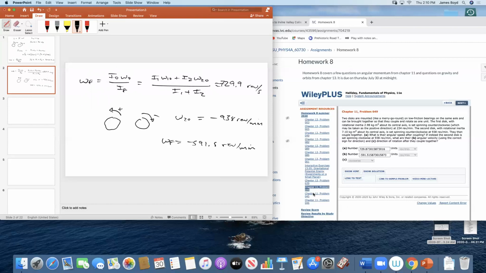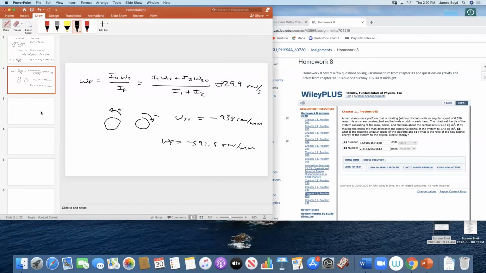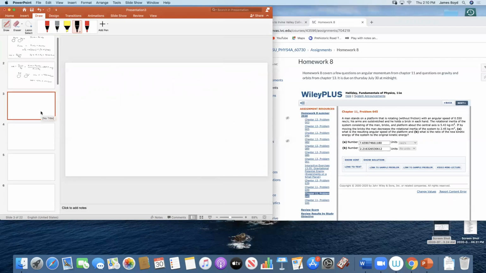All right. Our next problem is a man standing on a merry-go-round. A merry-go-round is basically a disc that can rotate, and this guy's standing at the center, holding a brick in each hand. And it's rotating with positive omega, or looking down from above, counterclockwise.